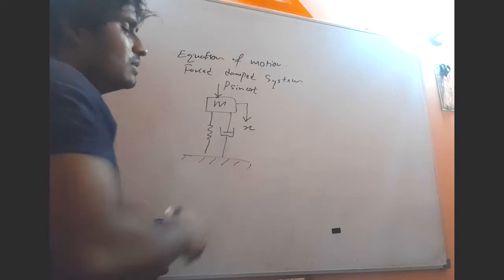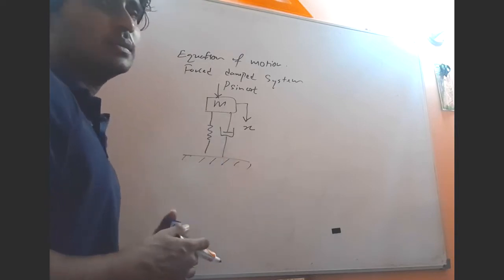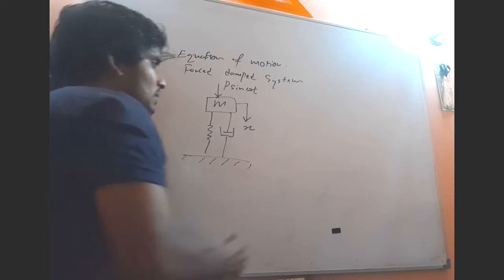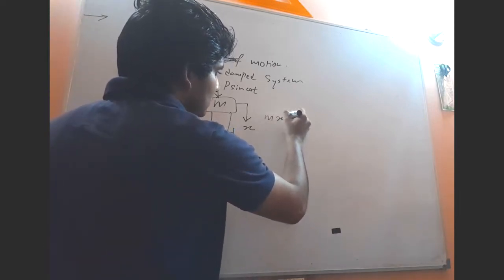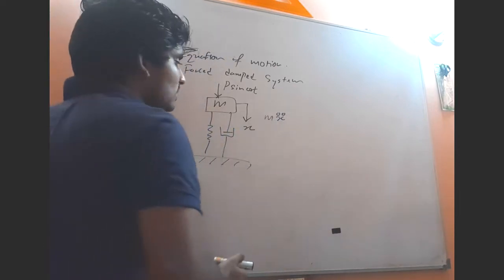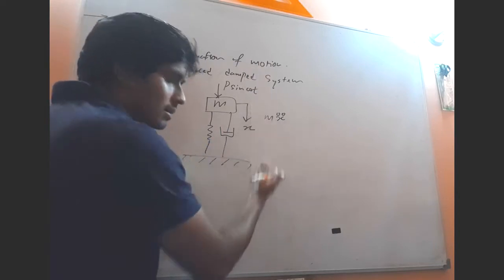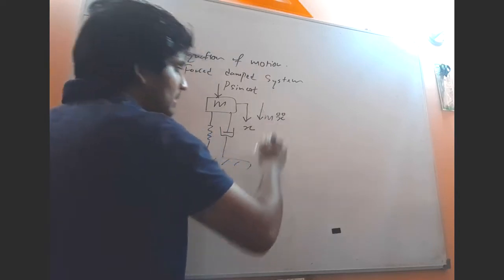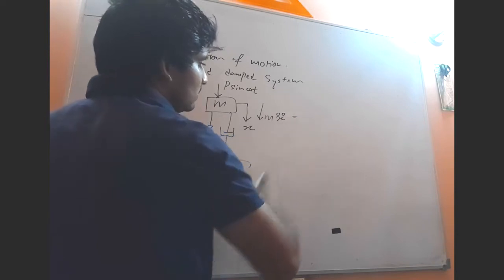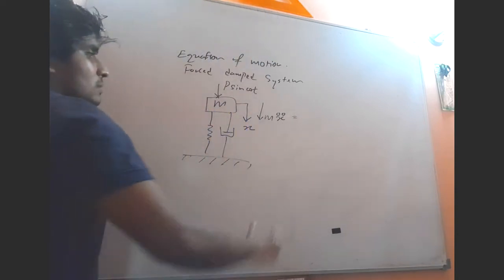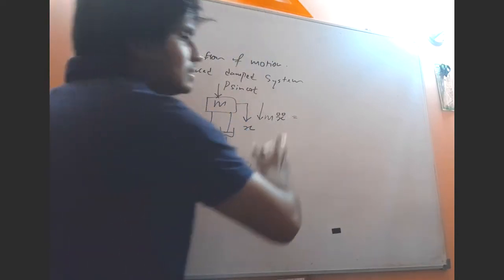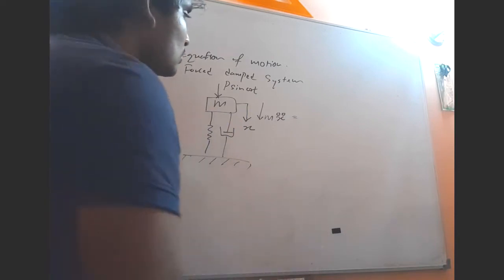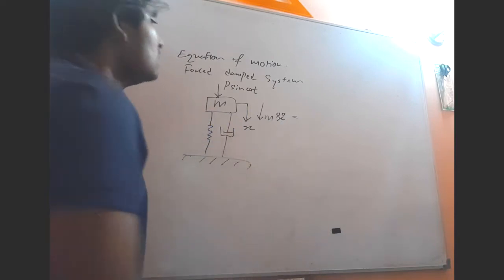Simply that is Newton's law. So let's say m x double dot, where x is the resultant displacement and x double dot is the acceleration.